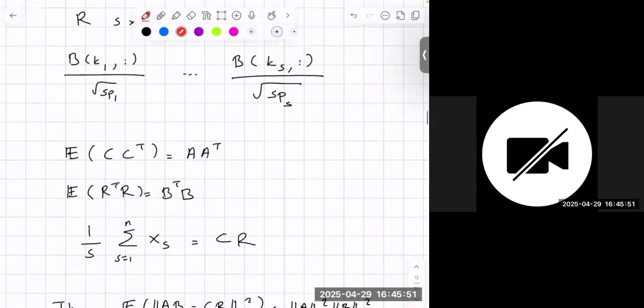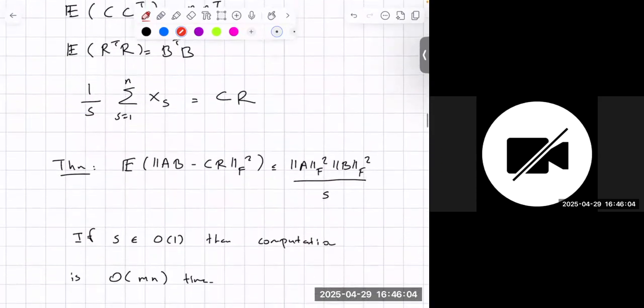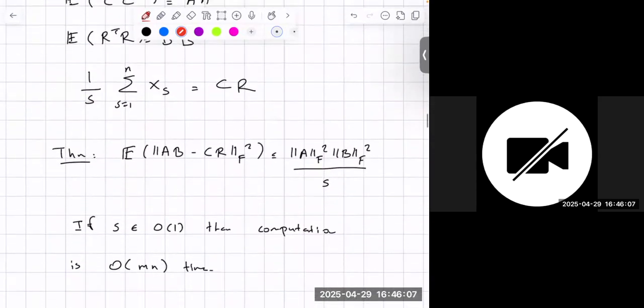I know in expectation, this will give me the A, this will give me the B. And then I go multiply these two sampled things, and that's what I output. And then you go through the math, and turns out this is what you prove. Doing it this way, the expected error in terms of variance is the norms of the matrices that are coming in divided by the number of times you iterated it.